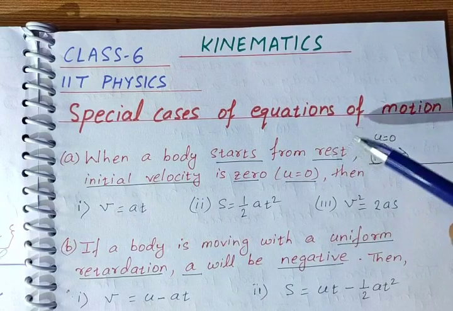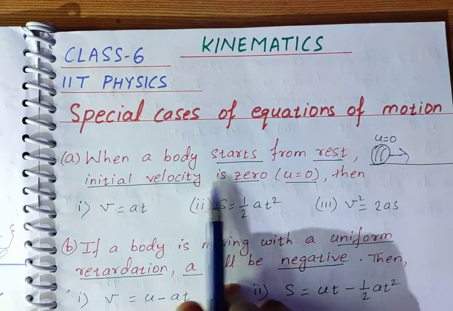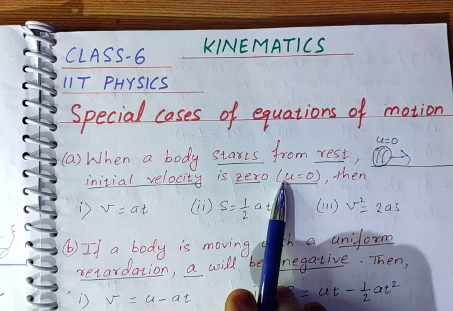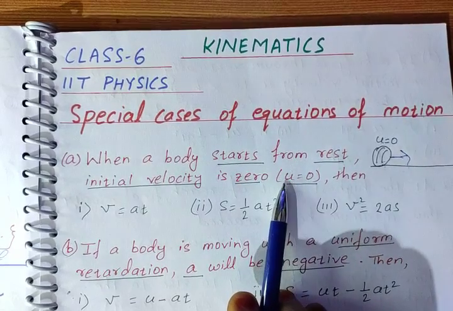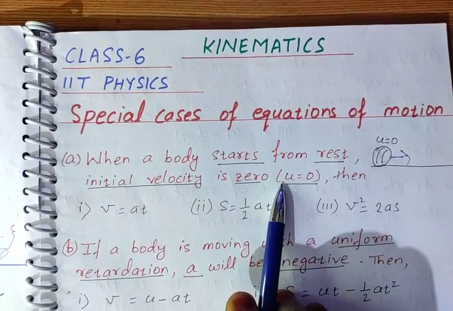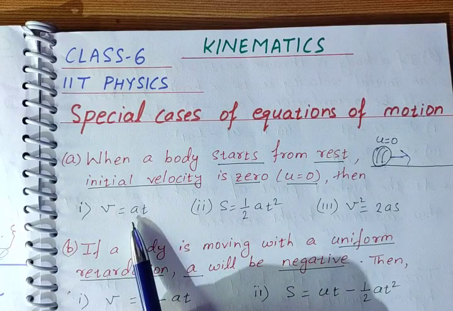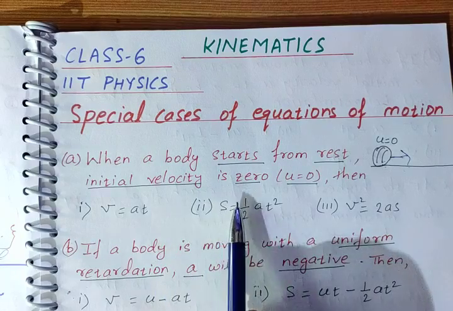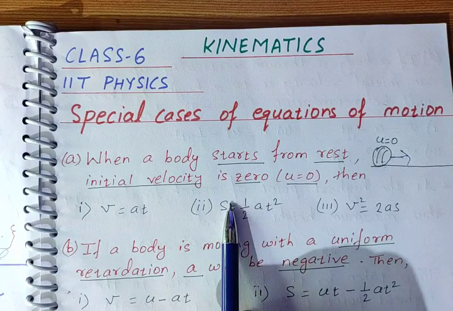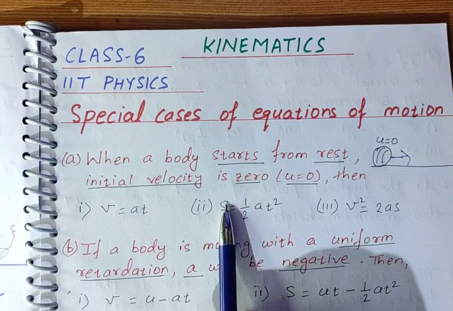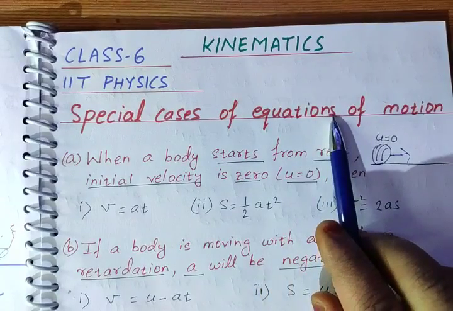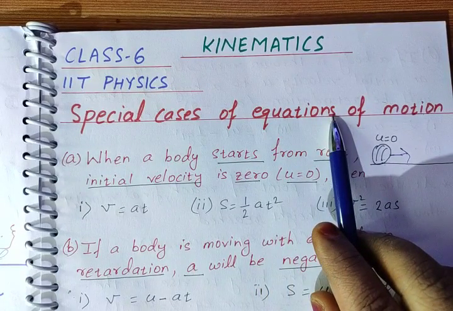Clear children? So initial velocity we always denote by small u. Remember, initial velocity small u, final velocity small v, a is acceleration, t is time, and s is displacement. And these three equations of motion are only applied for which type of motion?